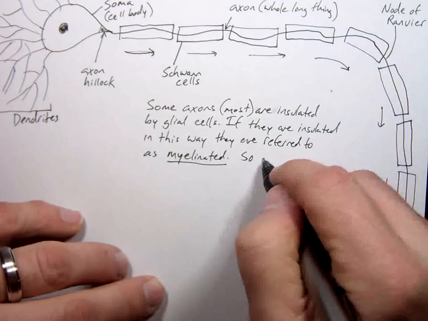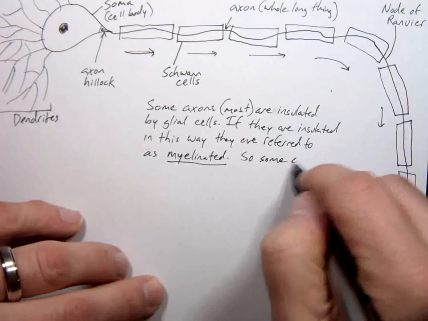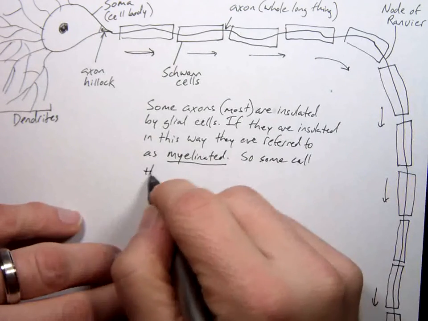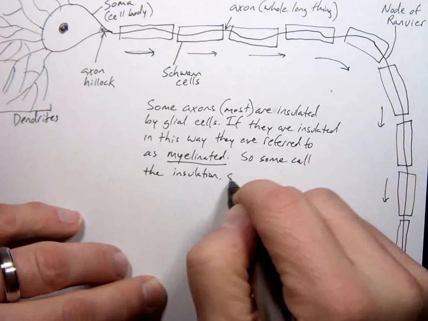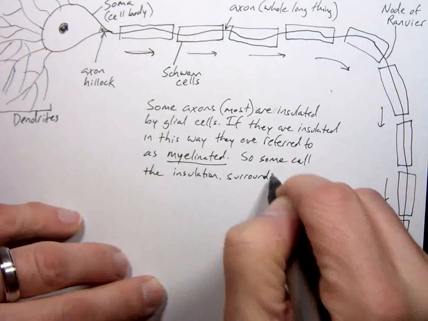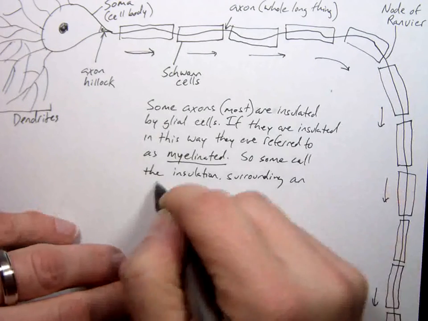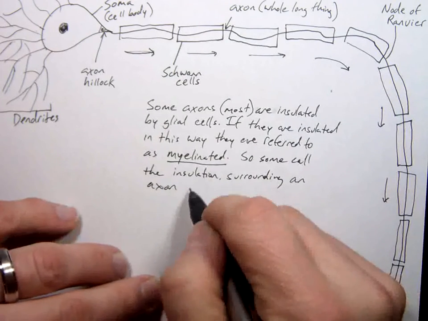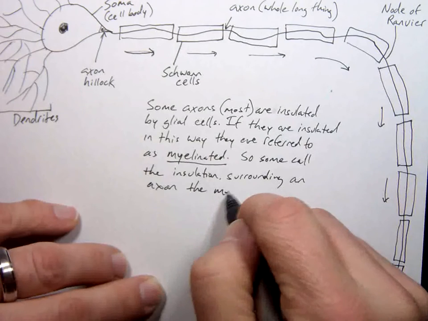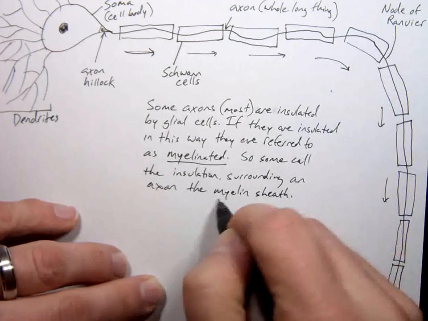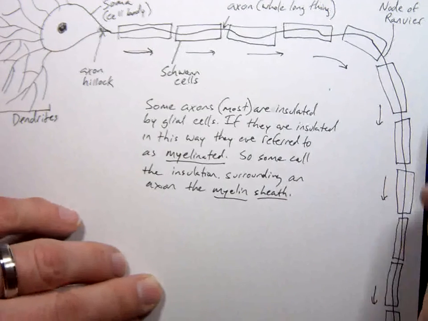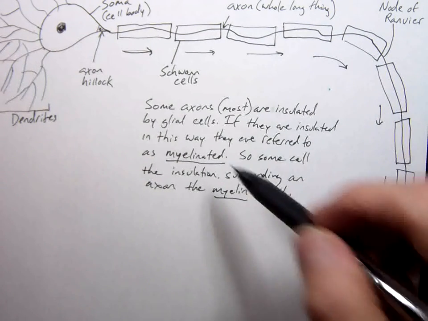So some call the insulation surrounding an axon the myelin sheath. So if you hear that term, that's what that means. It just means it's insulated.